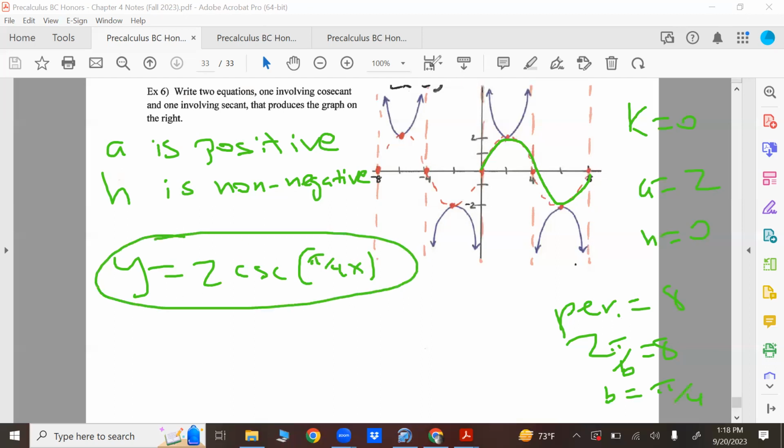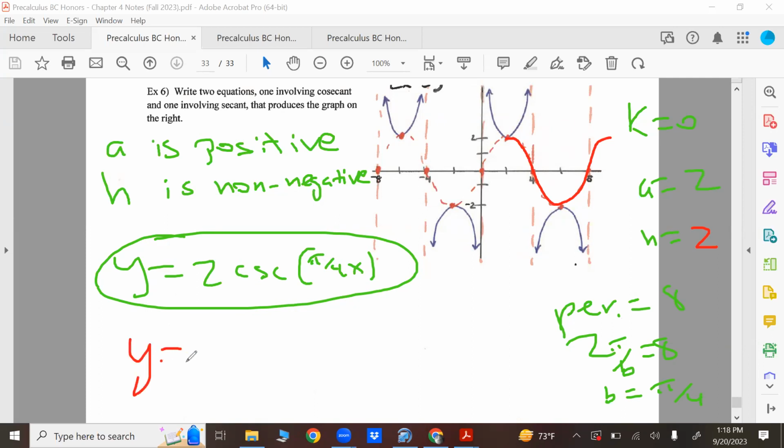Then what about secant? You can think of secant like this, but it is shifted to the right. And shifted by how much to the right? So what's h in this case? 2. H is going to be 2. K is still 0, A is still 2, and the period is still 8. None of that changes.